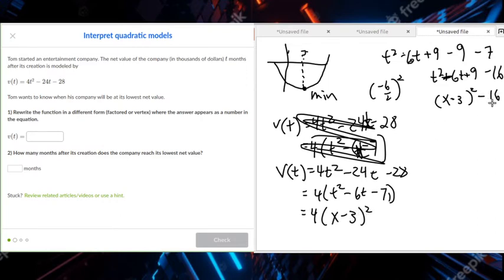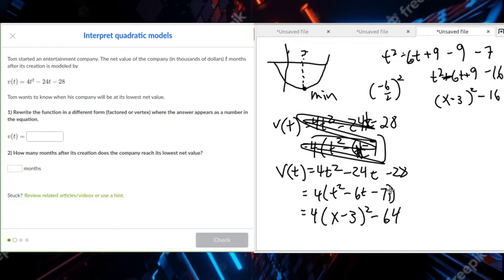I'm going to redistribute this 4 out to the negative 16, minus 64. 4 times negative 16 is minus 64. So there's my vertex form, and it will tell me that it's at 3, x minus 3. So 3 is the minimum value, and in that case the minimum value is negative 64.